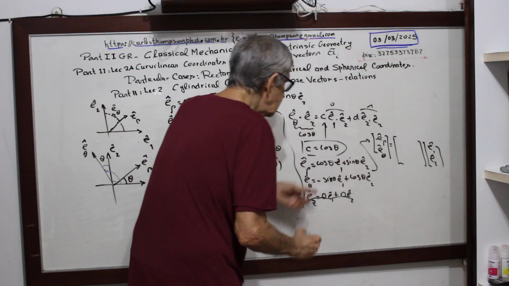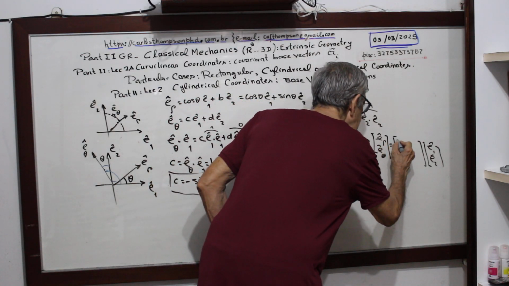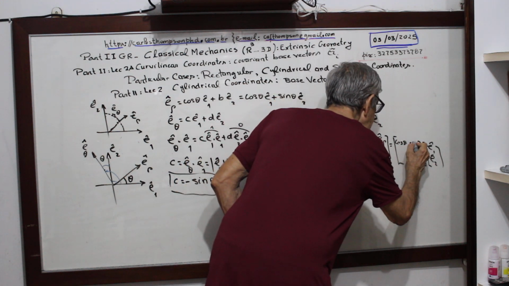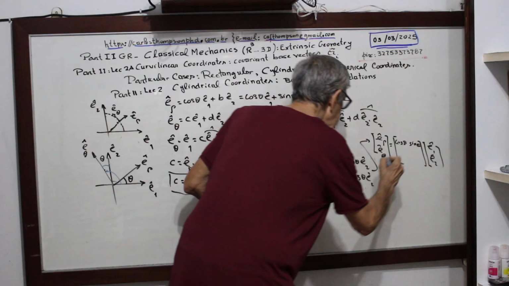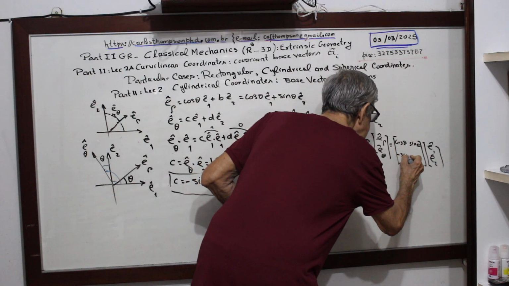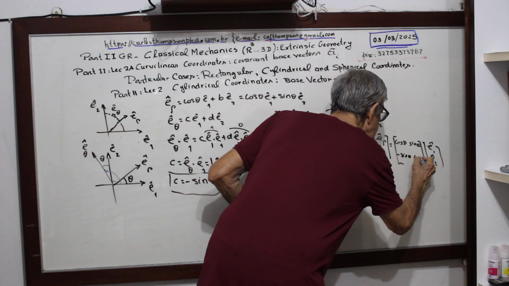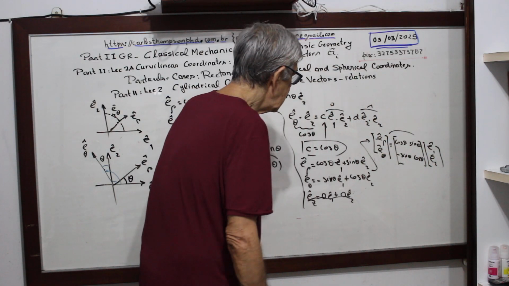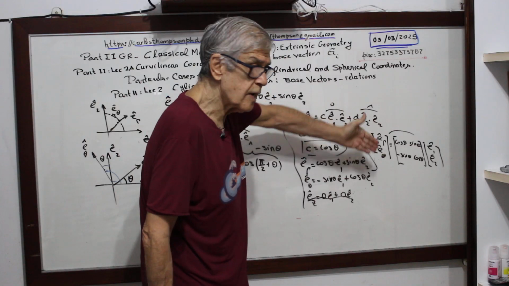What is the matrix? You see, cosine of theta, sine of theta, minus sine of theta, and cosine of theta. You see, there's a matrix. Okay? So I can express.